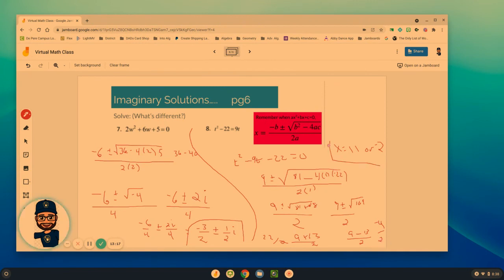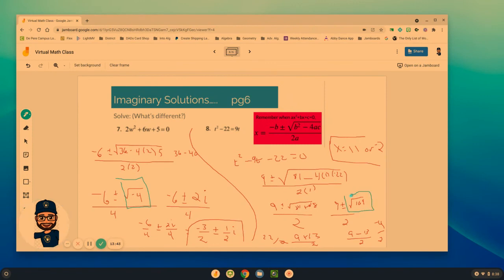So we won't always be using an i value, but whenever we have that square root of a negative number, like we got here, negative 4, we have to use the i value to help us to simplify. And eventually, working ahead a little bit, we're going to pay close attention to this particular value when we use the quadratic formula.